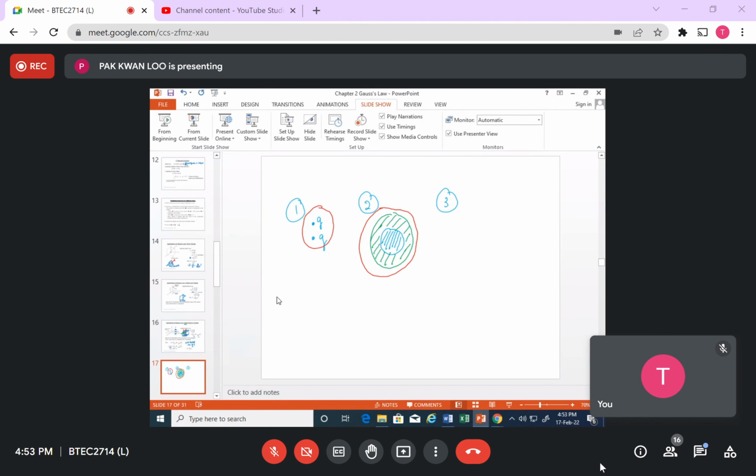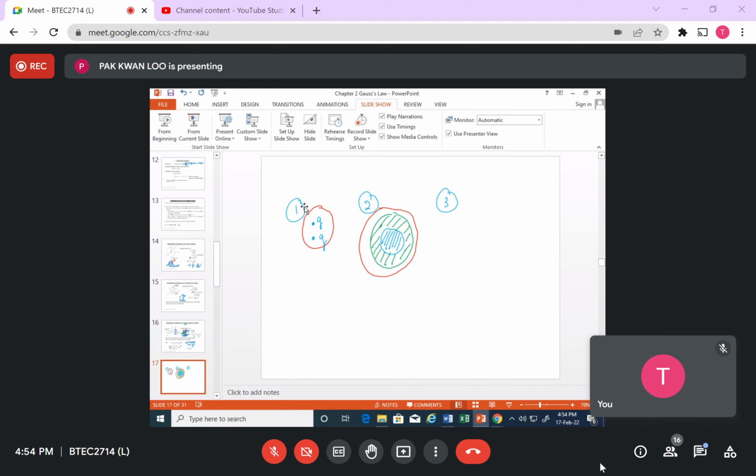The supposed answer is no and yes. It is not possible to evaluate the electric field using this Gaussian surface.